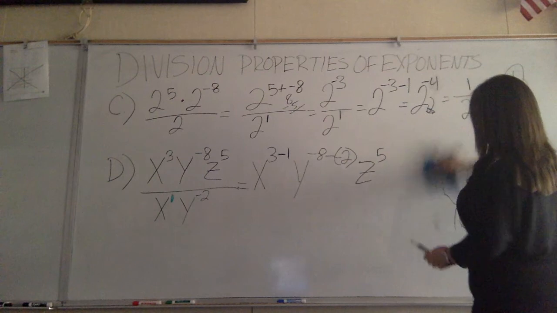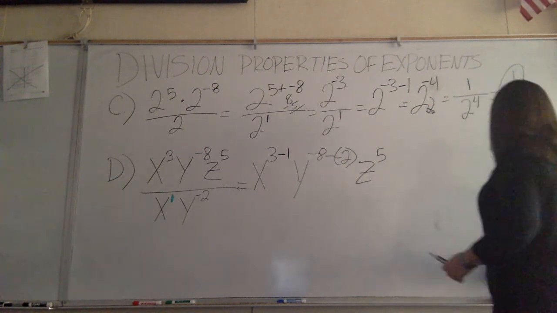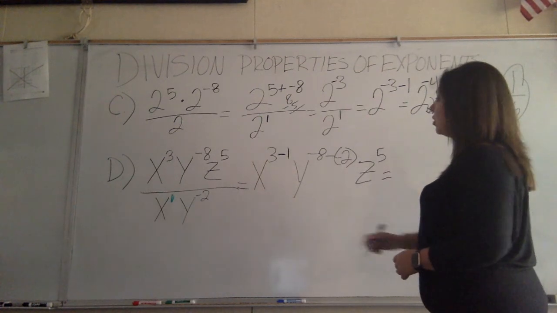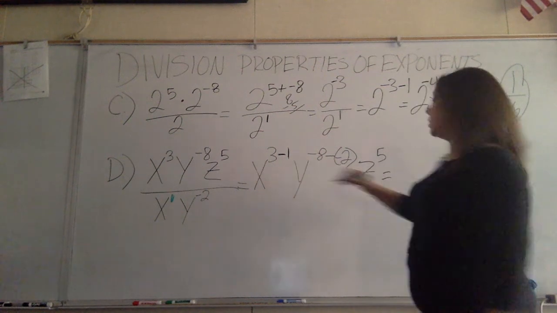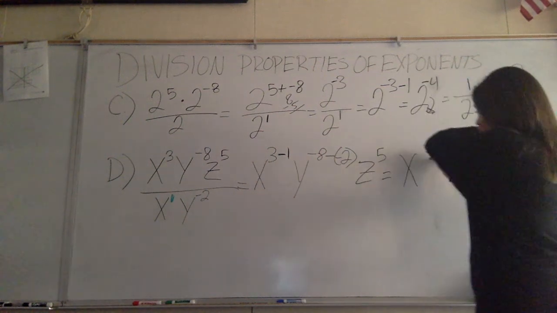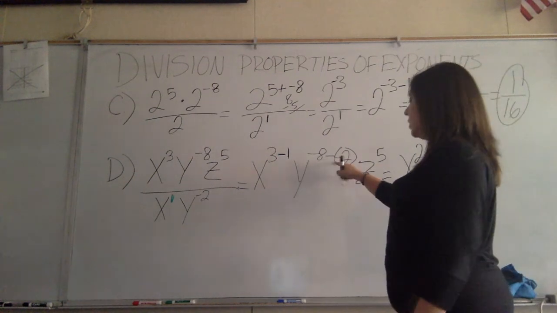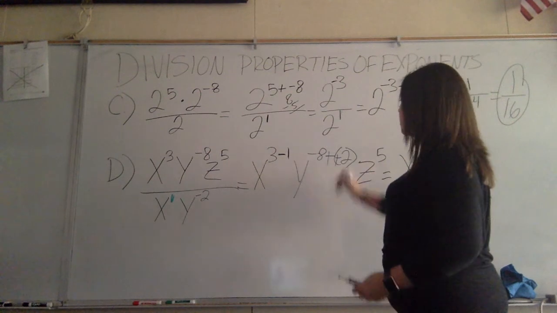I'm going to erase this part right here. Erase, erase, erase. All right? I can simplify this. 3 minus 1 gives me 2. I have a negative and a negative. Negative and negative gives me a positive.